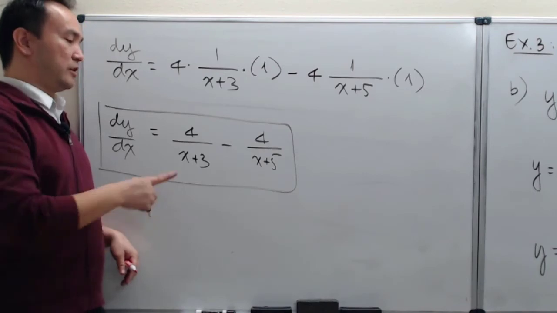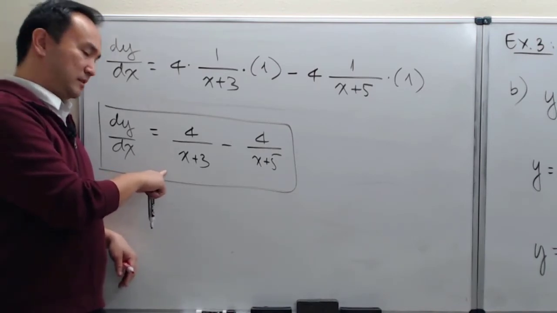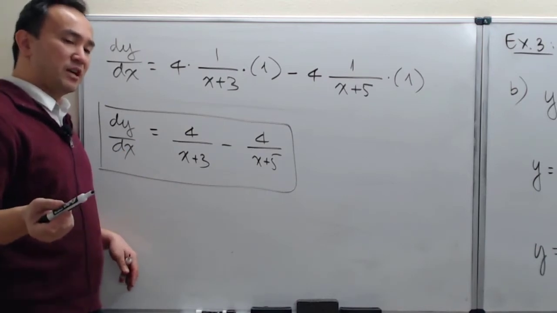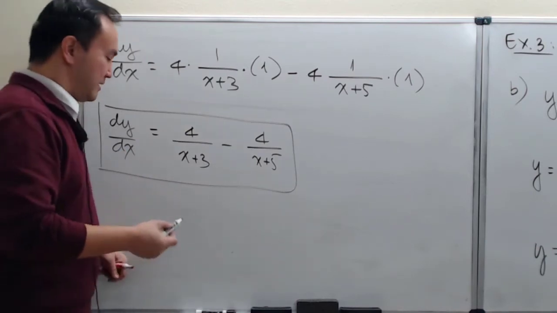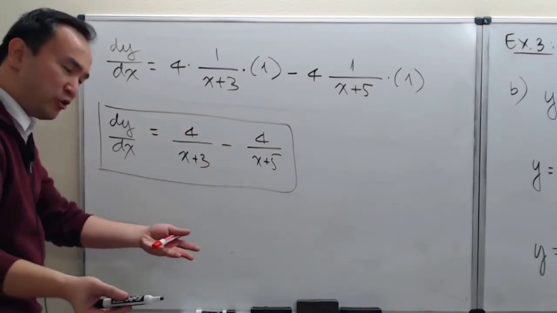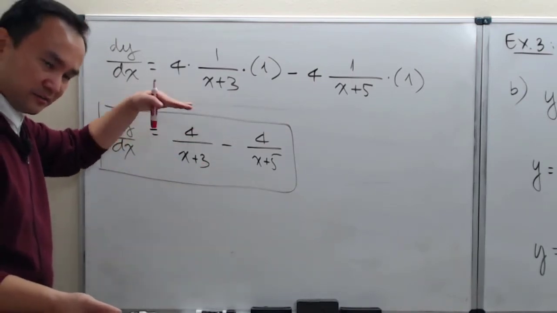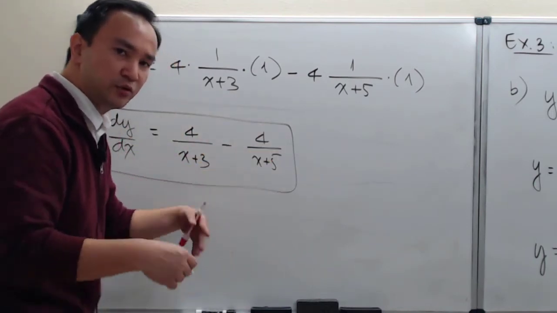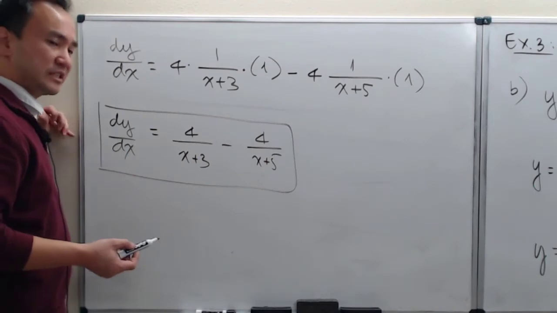All right, there are instructors who are okay with this, asking their students to leave the answers like this, and sometimes I'm among them, sometimes I'm not. So in case you are asked to combine all this into one fraction, then we take a little further algebra. But notice this is already the derivative. The rest is just how we use algebra to turn your derivative into a different expression.